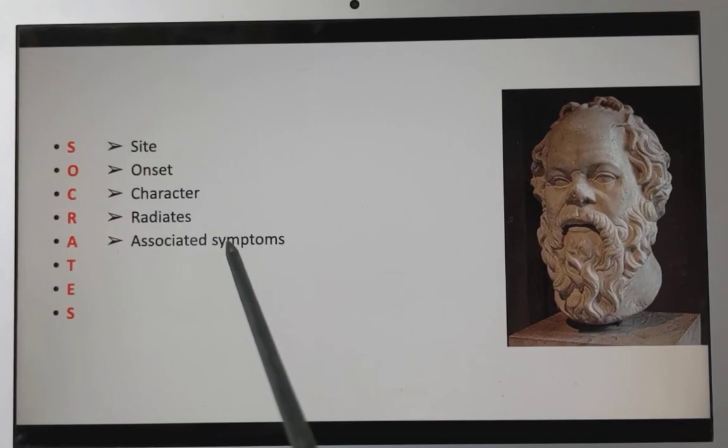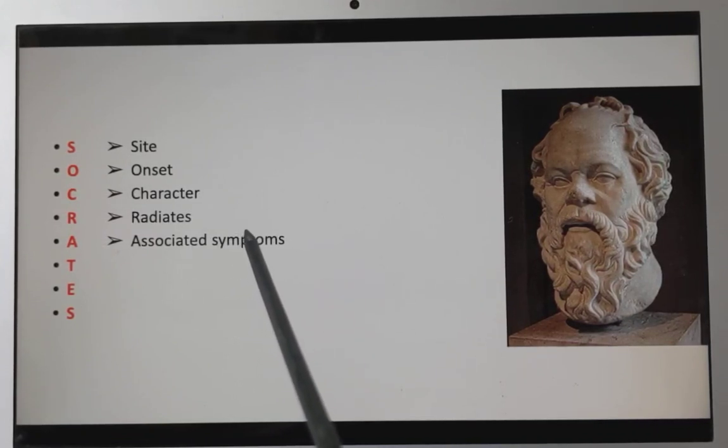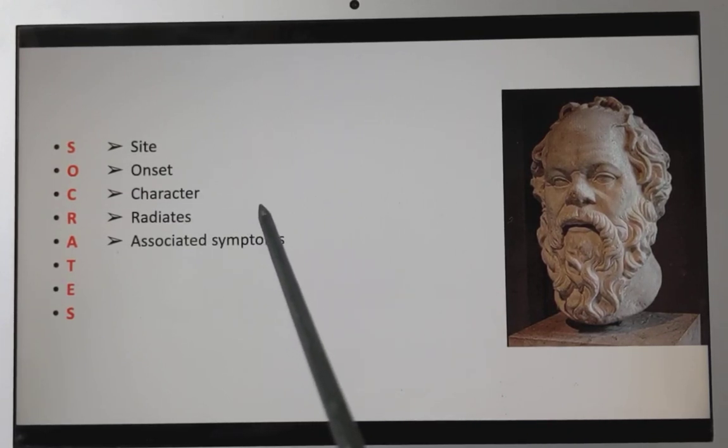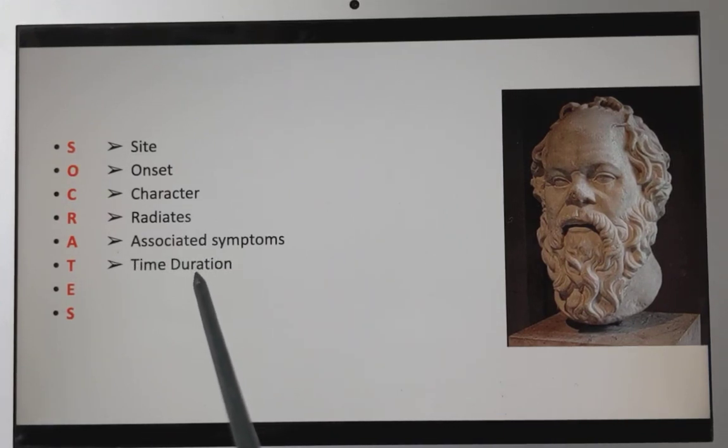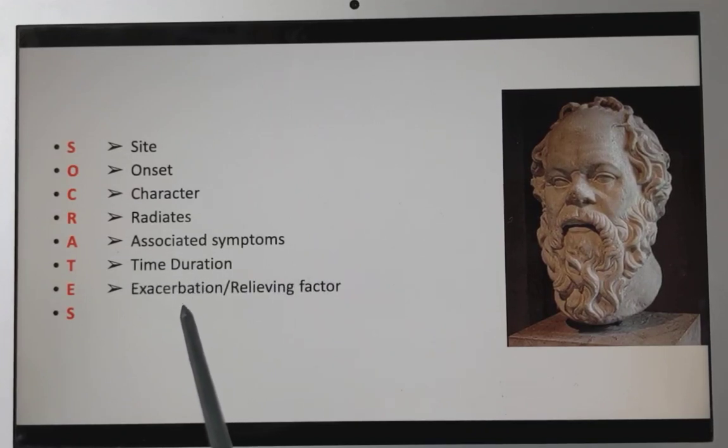A is for associated symptoms. So if they had pain in their tummy, did they have any vomiting? If they had chest pain, did they have any sweating? Then T is time, for how long has the pain been going on. E is exacerbating or relieving factors, what makes the pain worse or better.